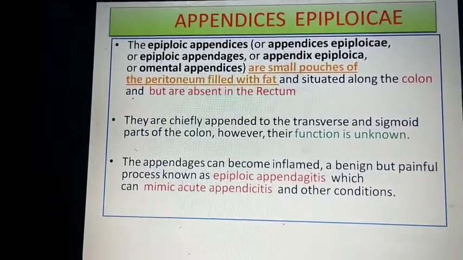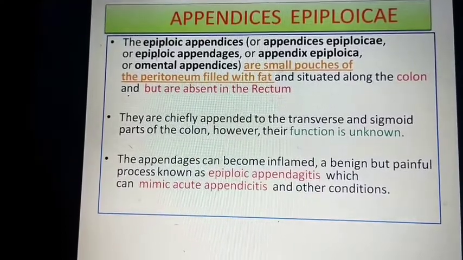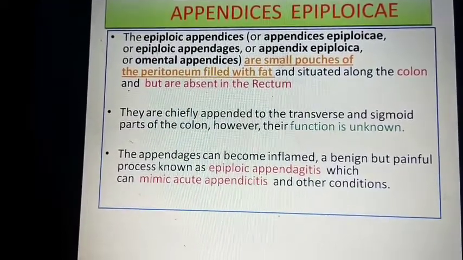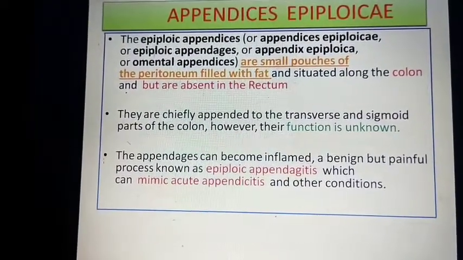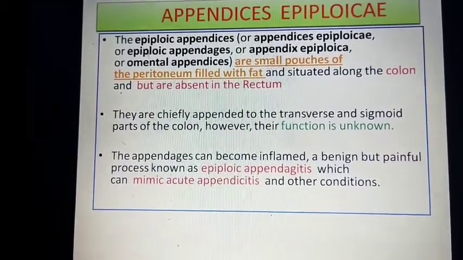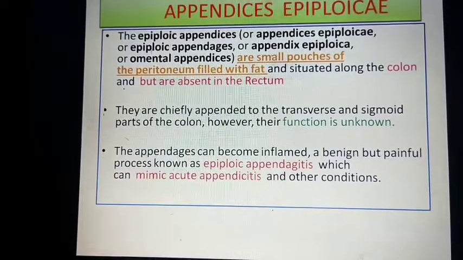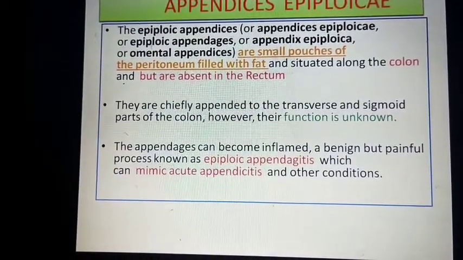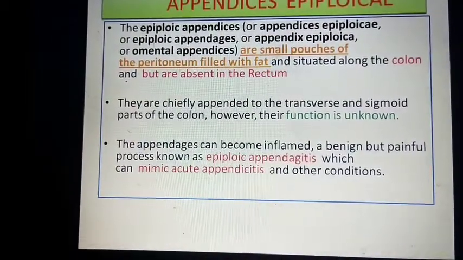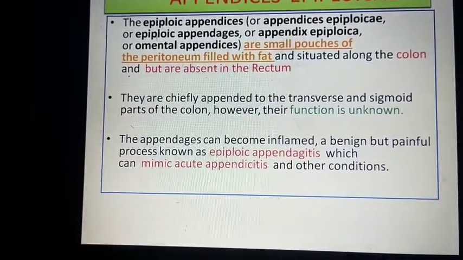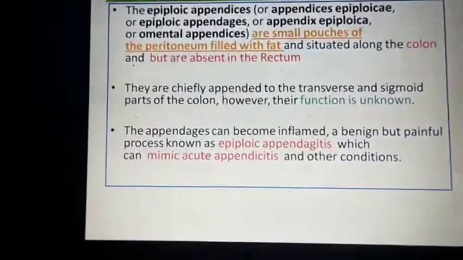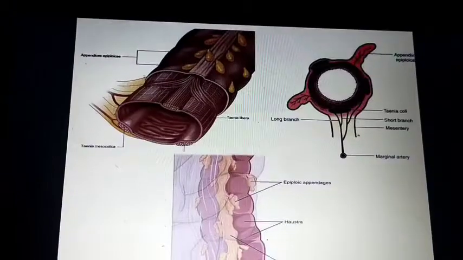They are chiefly attached to the transverse and sigmoid parts of the colon. However, their function is unknown. The appendage can become inflamed, a benign but painful process known as epiploic appendagitis, which can mimic acute appendicitis and other conditions.